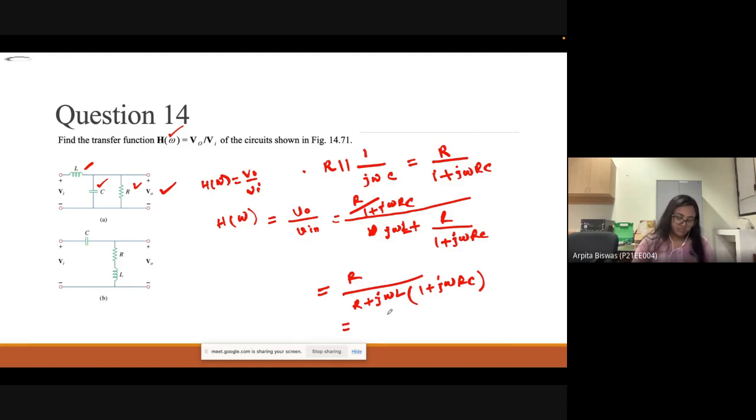And this is the value of it. So for the first case, the answer is that one.